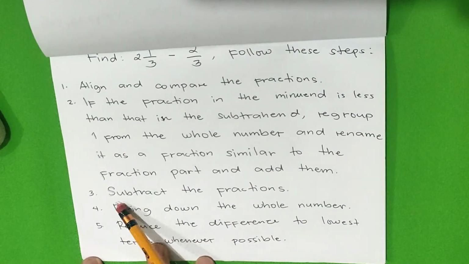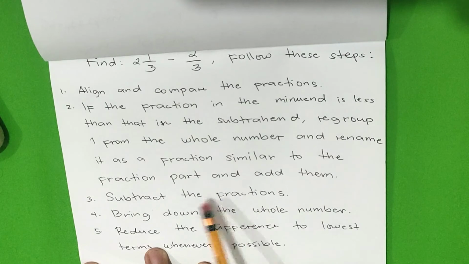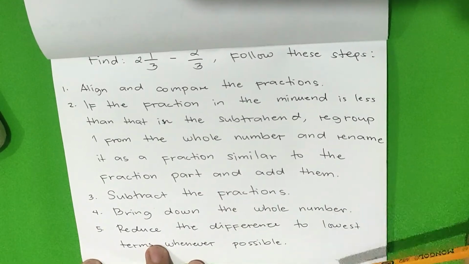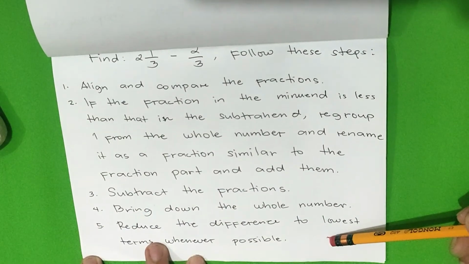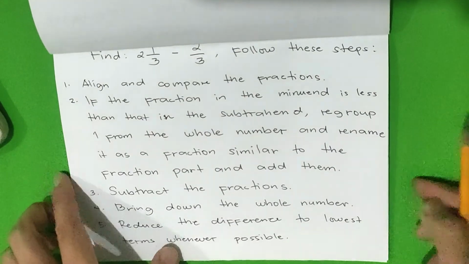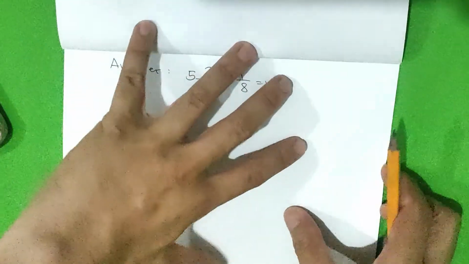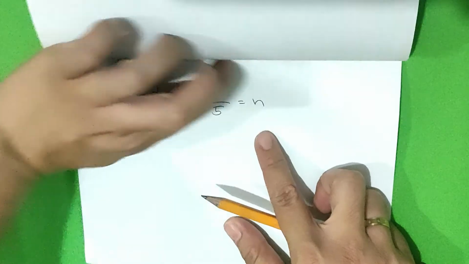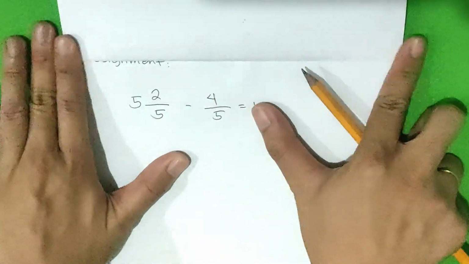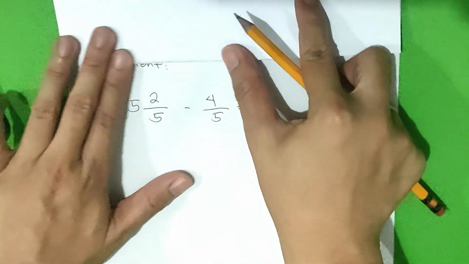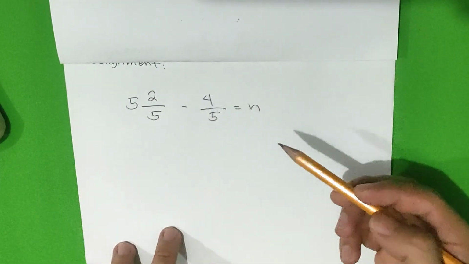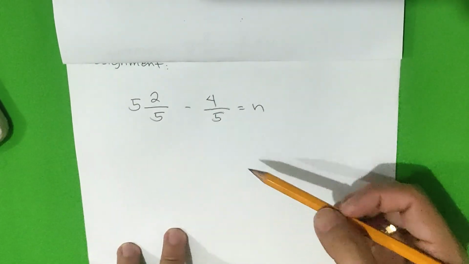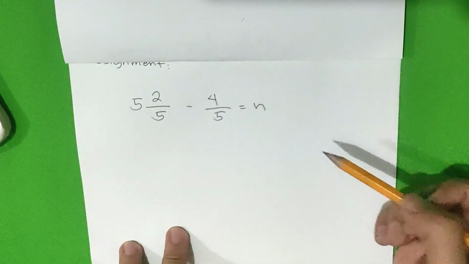After that, subtract the fractions, then bring down the whole number, and lastly, reduce the difference to lowest terms whenever possible. For your assignment, do 5 and 2/5 minus 4/5 is equal to n.